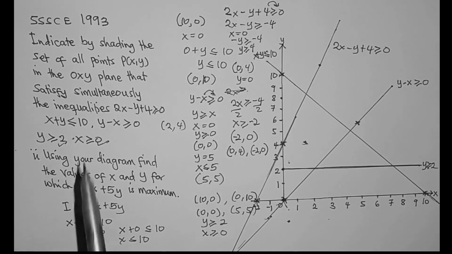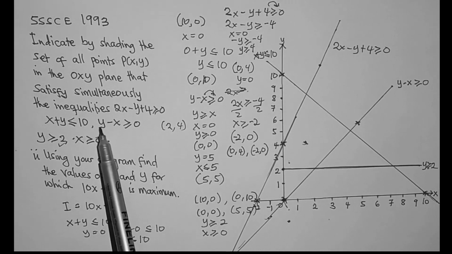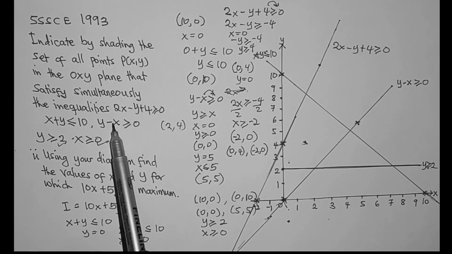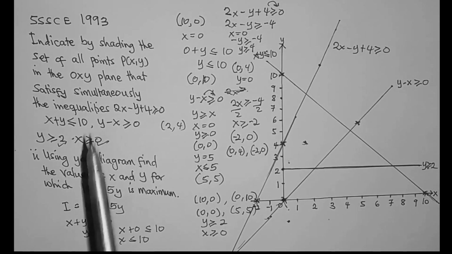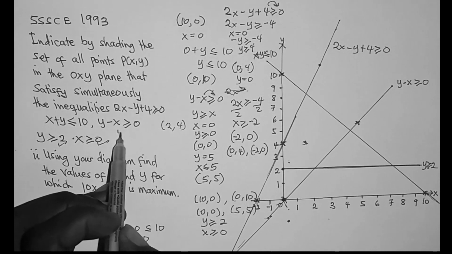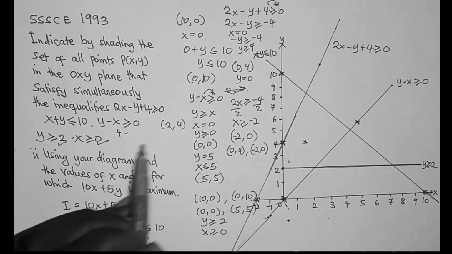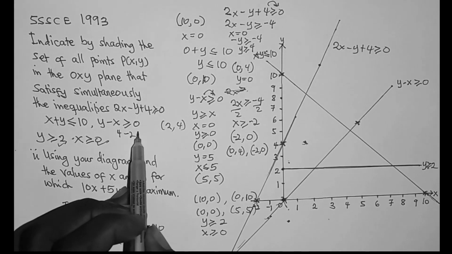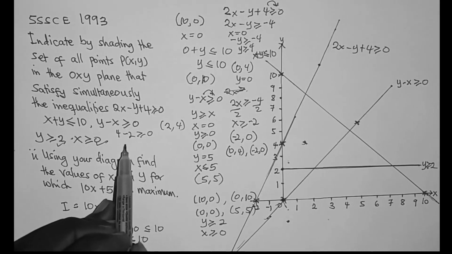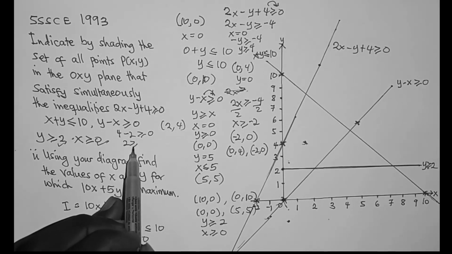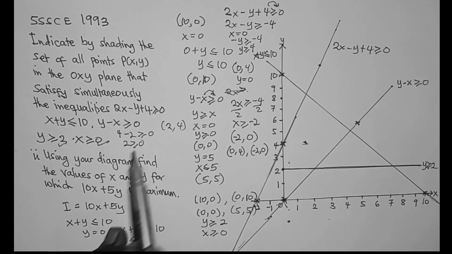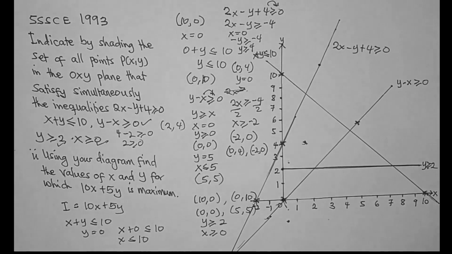So the point also passes for this constraint. Now we have y minus x is greater or equal to 0. The value of y is 4 minus the value of x is 2 is greater or equal to 0. 4 minus 2 is 2. And it is true that 2 is greater or equal to 0. It also passes for this constraint.